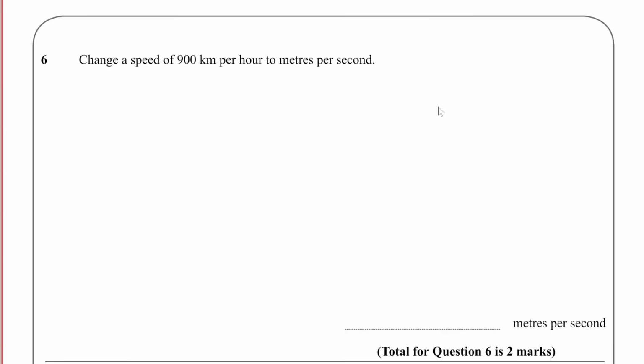Question 6. Change a speed of 900 kilometers per hour to meters per second. So if we can go 900 kilometers in an hour, that is 900,000 meters in 1 hour. And each hour is 60 minutes.